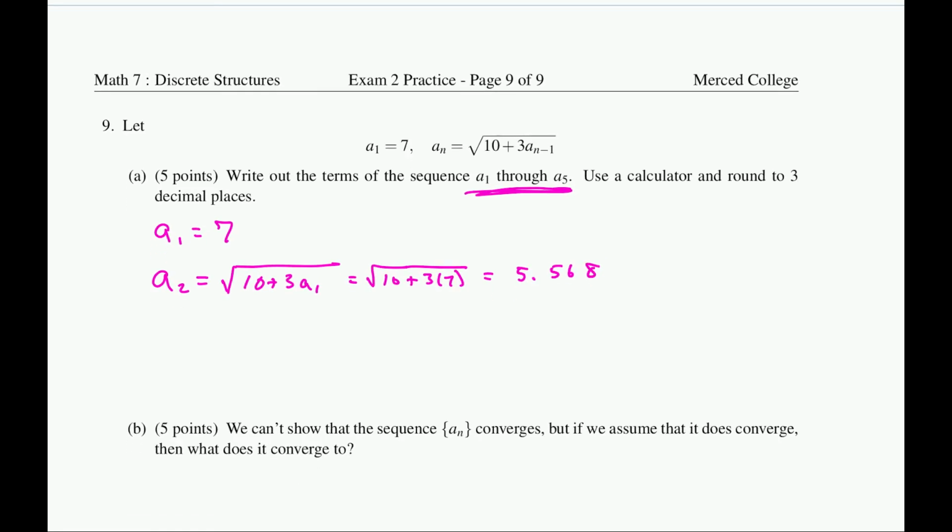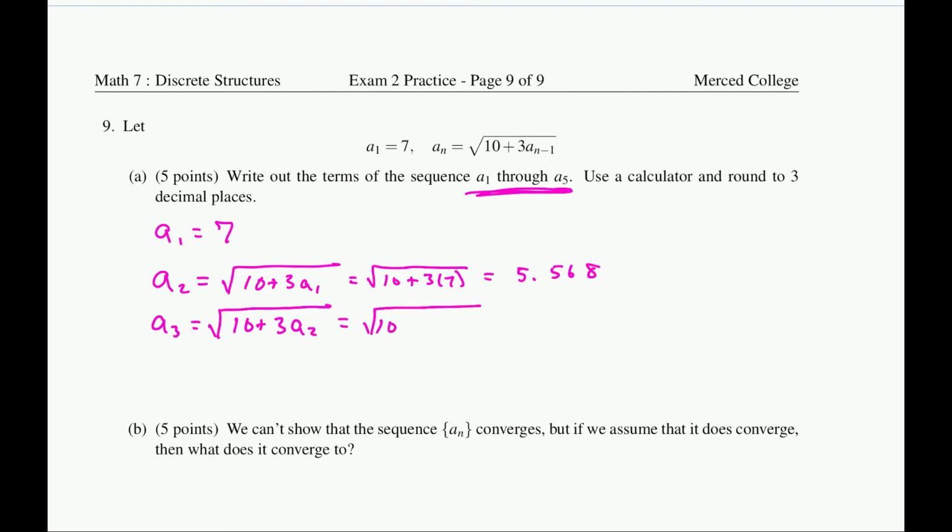So then you're going to take A3, which is the square root of 10 plus 3A2, and you're going to have to put in this 5.568 in for A2. So we have 10 plus 3 times 5.568. So you work that out on the calculator. We've got square root 10 plus 3 times 5.568. And I get 5.168.